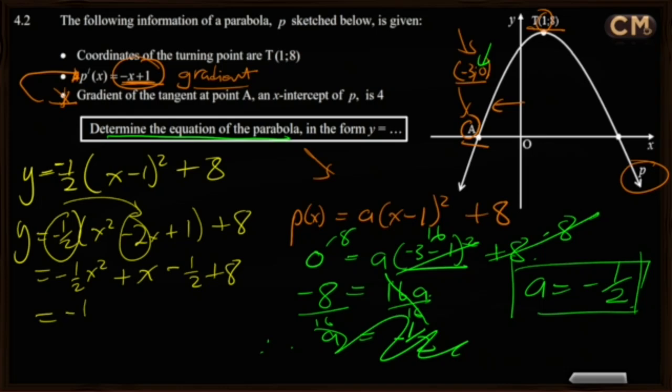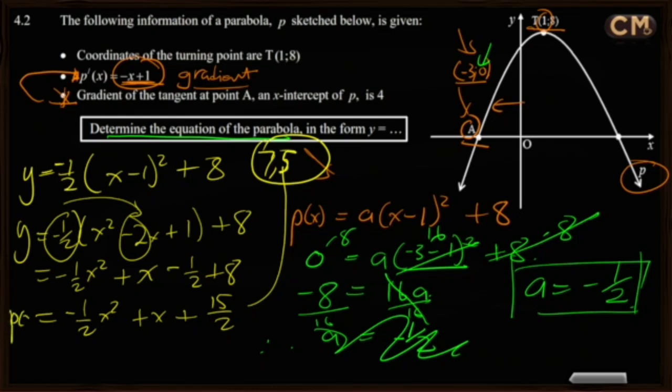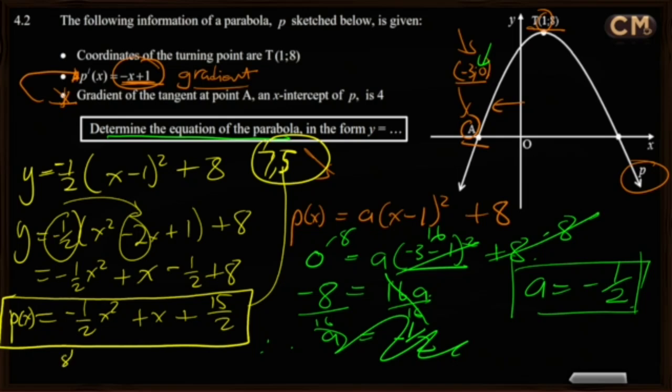That gives us minus 1 over 2 x squared plus x, and then this will be plus 15 over 2, or if you so prefer 7,5. That's the decimal value, but I think for me p of x looks good enough in this form, that is standard form. I cut off this question somewhere over there. It just became ugly for the slide.